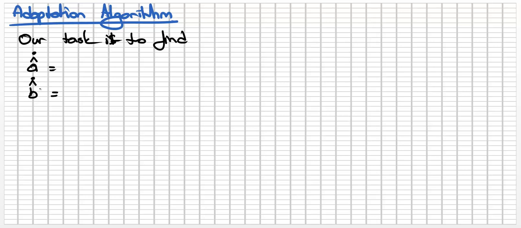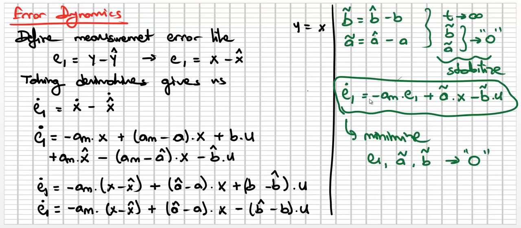Okay, and so in our error function we should describe an energy function, and this energy function should be minimized by using these derivative terms. In the previous lesson we talked about the time derivative of the error value, and our task is to minimize the A error and B error dynamics.